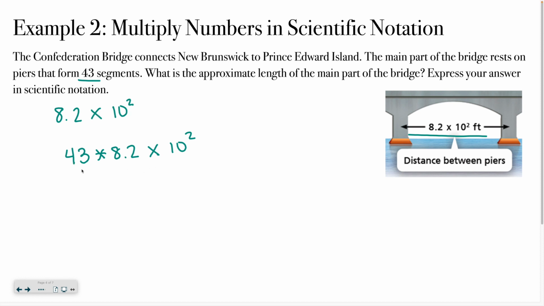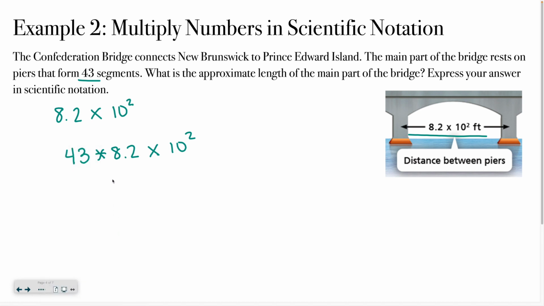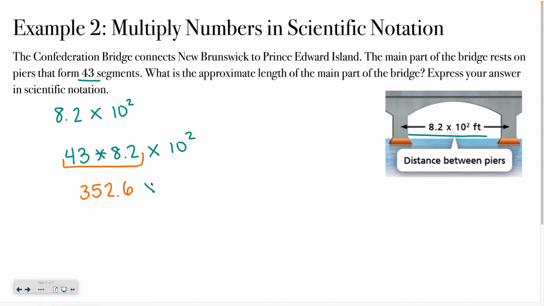And I'm going to use my calculator because we're allowed to do that now. I'm going to say what is 43 times 8.2. And when I multiply 43 times 8.2, I end up with 352.6. And then I still have that times 10 to the second.